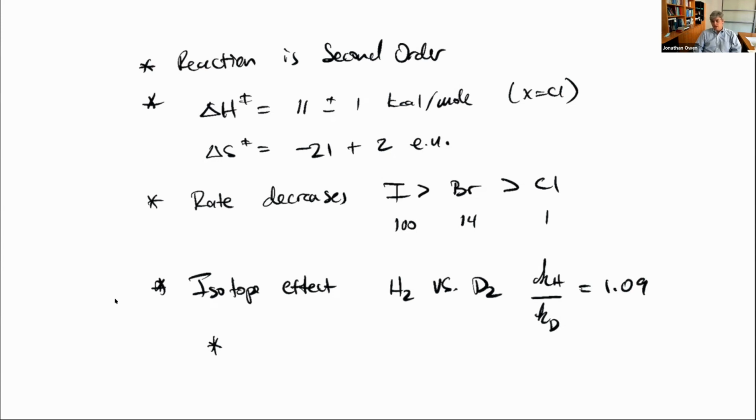It's harder to break a D2 bond than it is to break an H2 bond. But they compare these two and they find essentially no difference in the rate. And this means that H-H bond breaking is not the rate determining step.